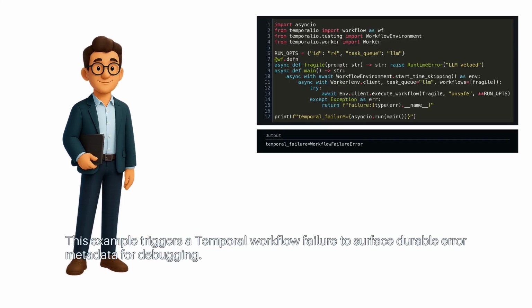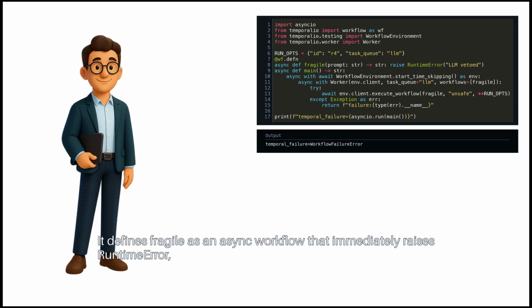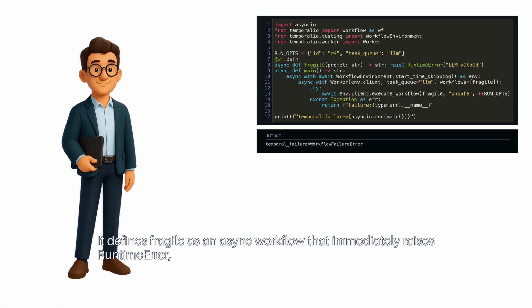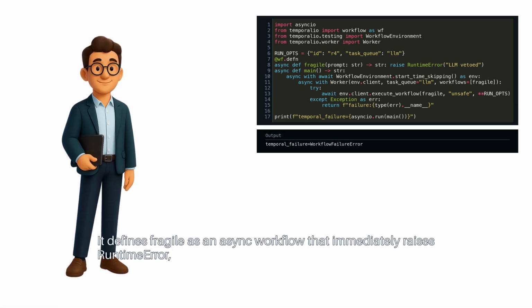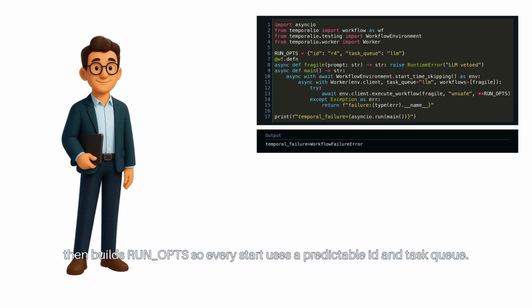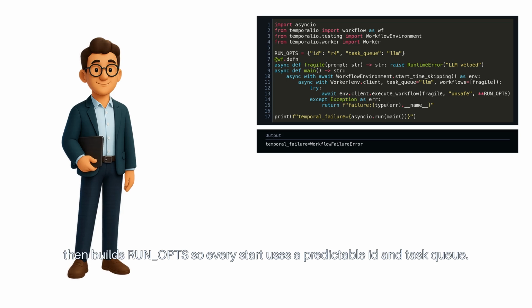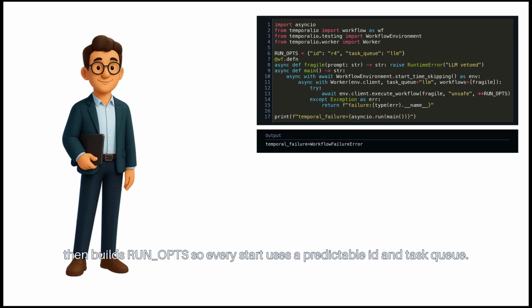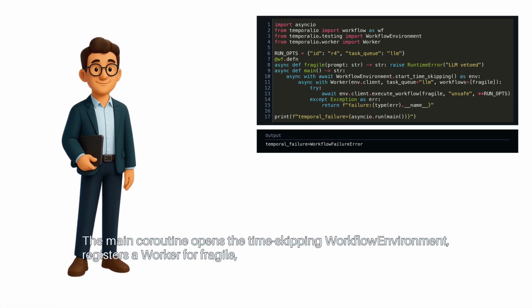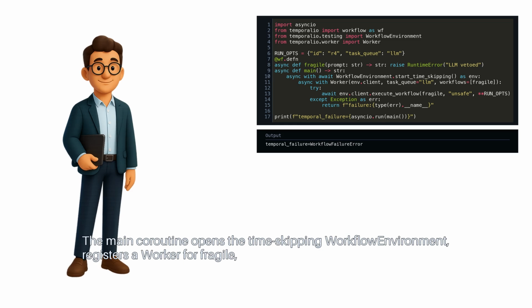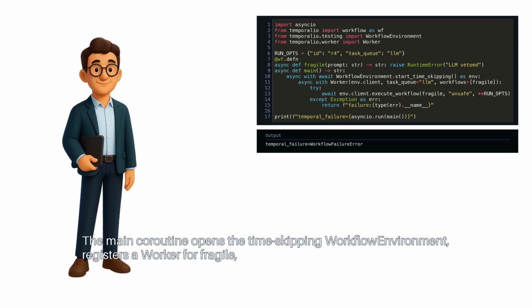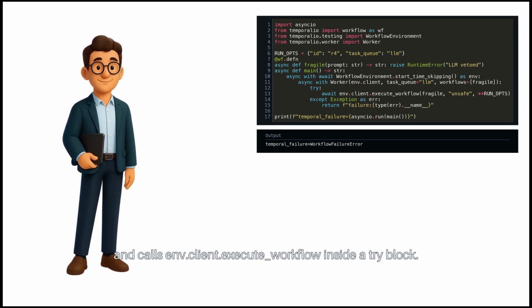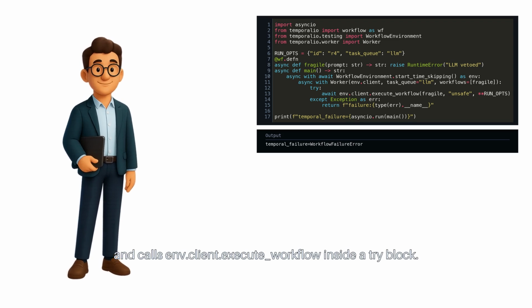To show that, we intentionally provoke a workflow failure and capture the error details. This example triggers a Temporal workflow failure to surface durable error metadata for debugging. It defines fragile as an async workflow that immediately raises RuntimeError, then builds run options so every start uses a predictable ID and task queue. The main coroutine opens the time-skipping workflow environment, registers a worker for fragile, and calls env.client.execute_workflow inside a try block.